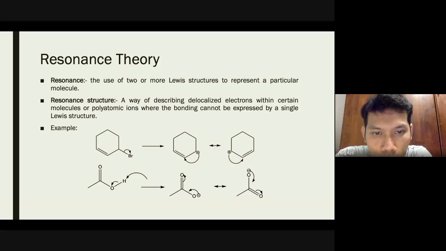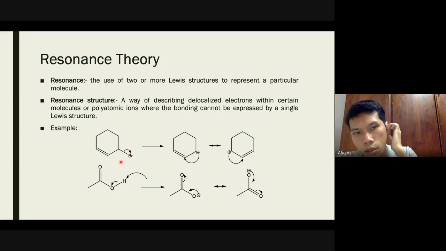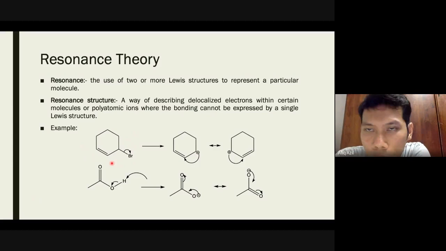For example, if you look at the first structure over here, let's say that this compound is undergoing a reaction, and the electrons between this carbon and this bromine are taken by this bromine, so this bromine will become Br negative, a bromide ion.